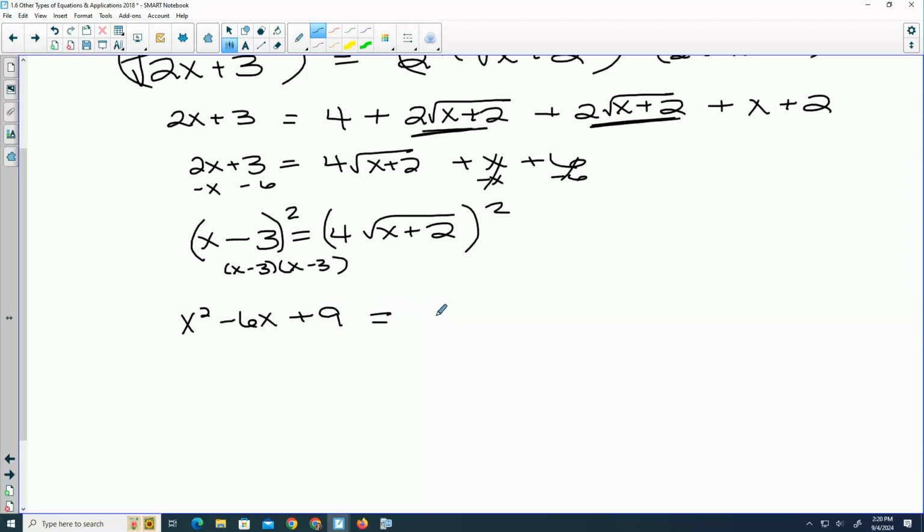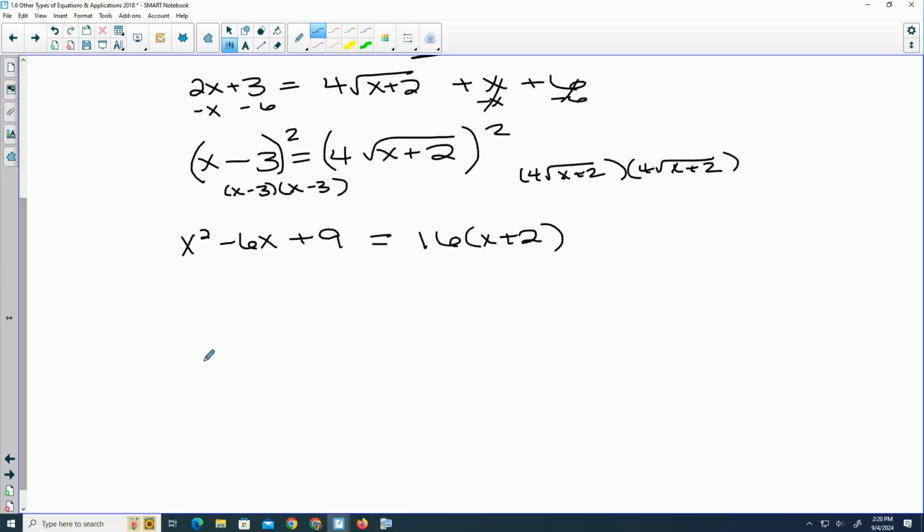Okay, over here, you're squaring, so you can square each part or think this just means you're taking it times itself. When you do that, 4 times 4 becomes the square root of x plus 2 times the square root of x plus 2. Alright. So a lot of work so far, but it's looking way better. We no longer have any radicals.